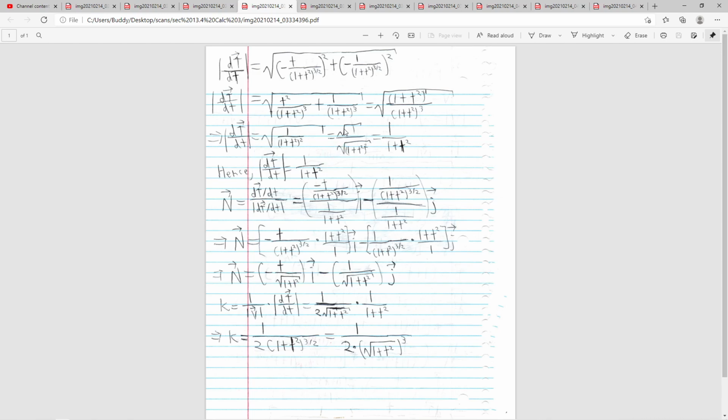And this is equal to square root of 1 divided by square root of 1 plus t squared. In the end, it becomes the square root of that. It's basically square root of something squared is the same as the original expression, so it's 1 divided by 1 plus t squared. So now you find n with these two values divided by each other.